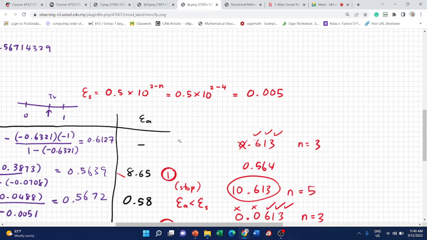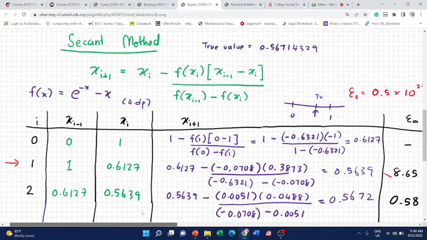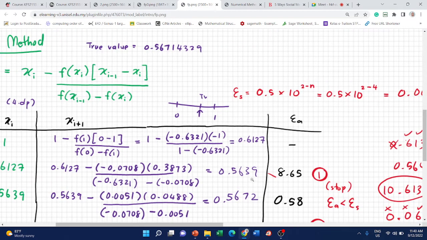For this example, later on you find out, because we have to compute for decimal places. So this n, later on you refer back to the numerical table. I'm going to explain again about this one later on.